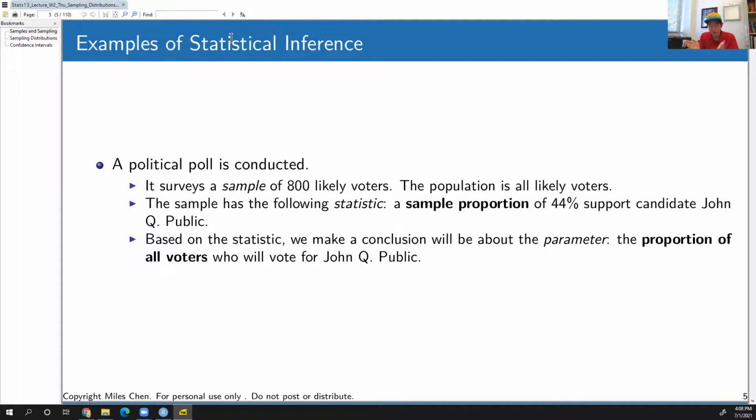What's the proportion of all voters who are going to vote for this candidate? Is that going to be enough to win the election or something like that?